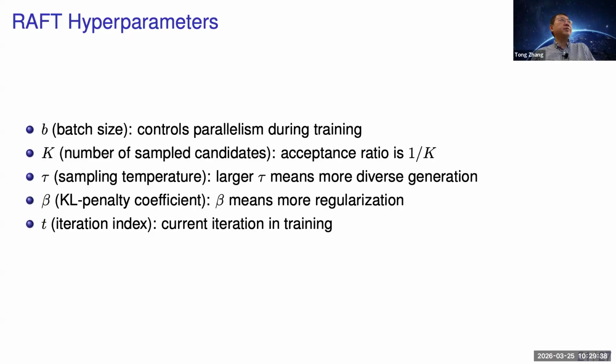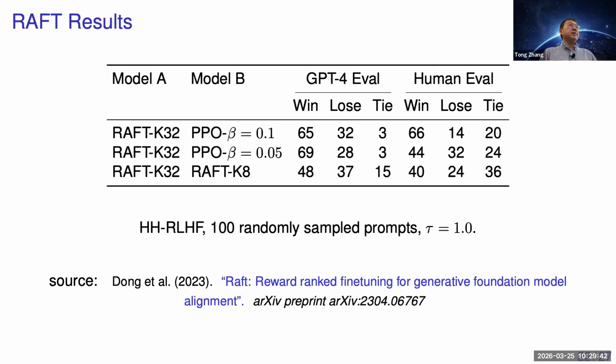T is the iteration, and so on. So basically, this is what it is, and now let's look at some examples of these results. This one says the following. PPO is very difficult to implement, so this may not necessarily be the best implementation of PPO, but we don't have a very strong implementation of PPO because it's very tricky.